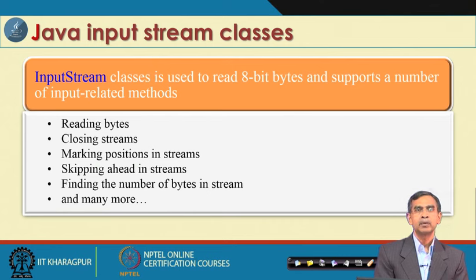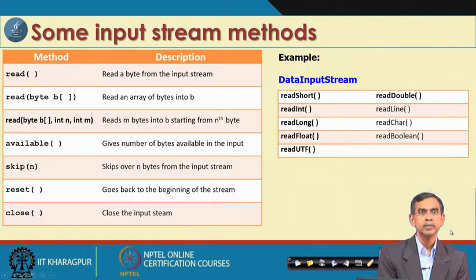A few methods which I have mentioned here are very common in any programming: how we can read a byte from an input source, how we can close an input source, how we can mark a position of streaming in an input source, and skipping ahead, if we want to read the input source not in a sequential manner but in a random manner, and then we can also find the total number of bytes in a stream, etc.